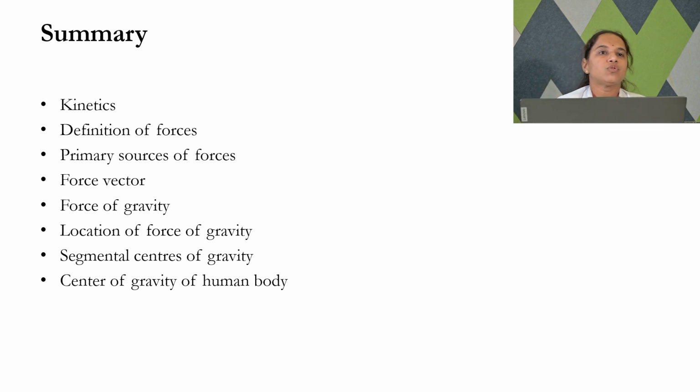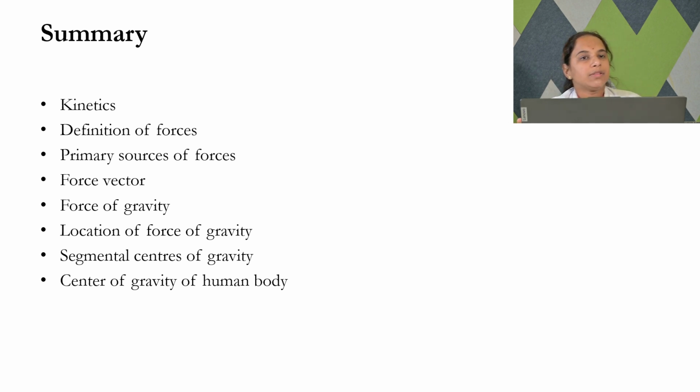The location of force of gravity, that is COG, is located anterior to S2. There are different centers of gravity for each segment of the body, and the center of gravity of the human body, if symmetrical, is located at the center.